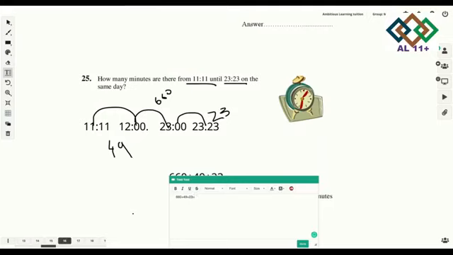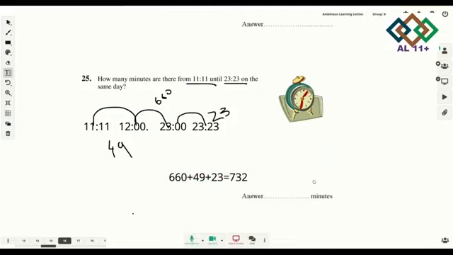That gives me a total of 732. That was an easy one. Just find out the minutes. How many minutes are there in each? And then just do it.